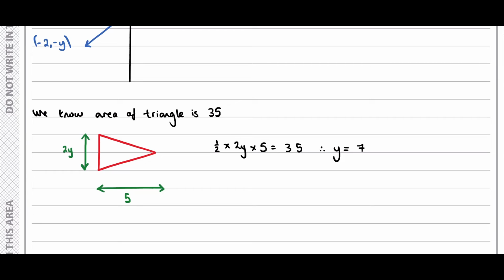y is equal to 7. So knowing that y is equal to 7, we can therefore conclude that z2, z3 is equal to minus 2 plus or minus 7i.